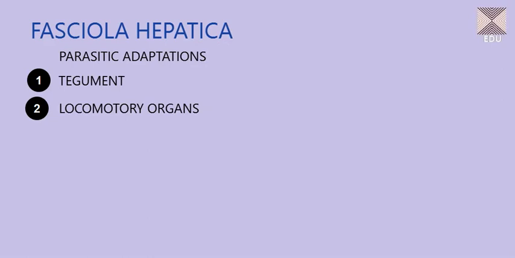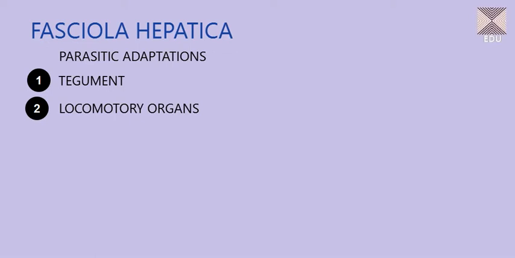As we have seen in the body wall, it has only two types of muscles, circular and longitudinal. When the circular muscles contract, they make the body thin to some extent, and when the longitudinal muscles contract, they make the body short. With these kinds of movements, the adult can move inside the body of the host.